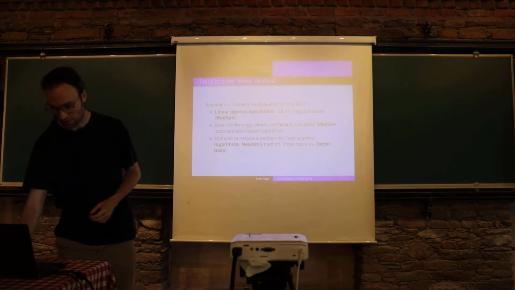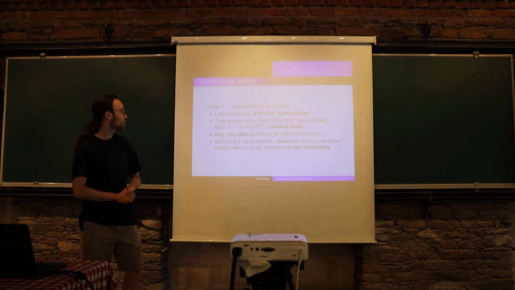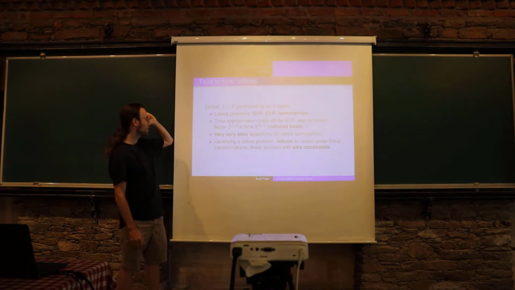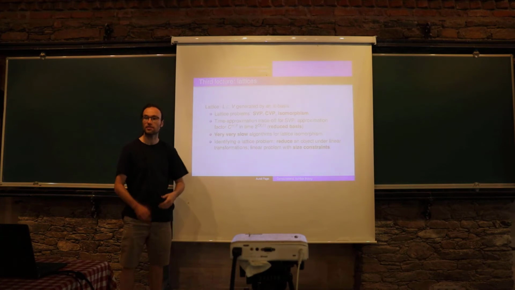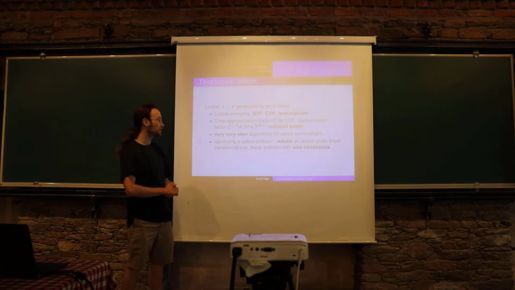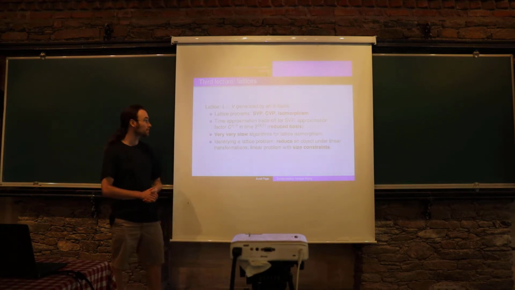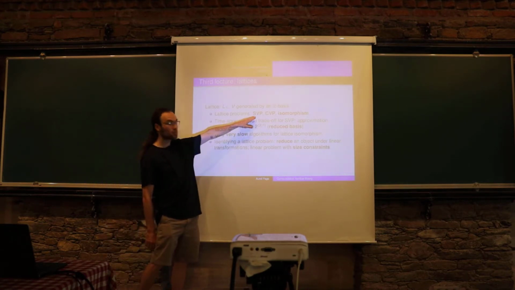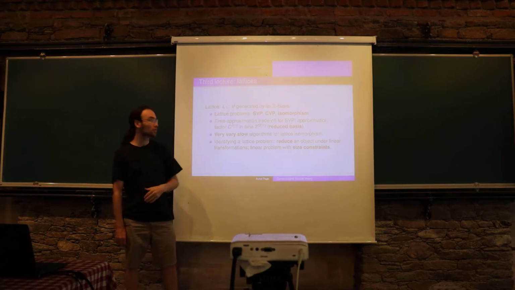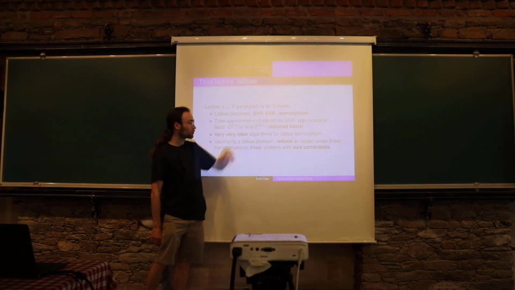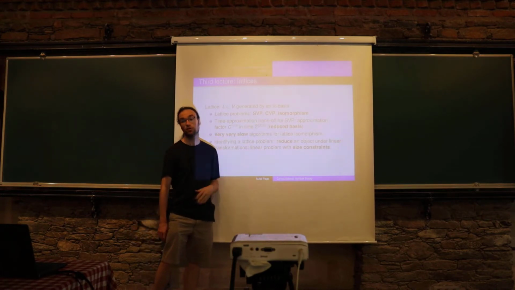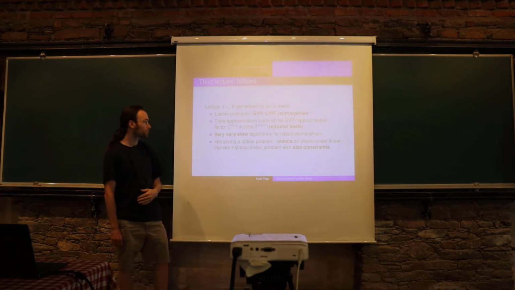Okay, and finally, in last lecture, we talked about lattices. So reminder, a lattice is a subgroup of a real vector space that is generated over Z by an R basis. And we had a few lattice problems that we examined. The shortest vector problem and its approximate version, the closest vector problem and its approximations, and the isomorphism and automorphism problem.